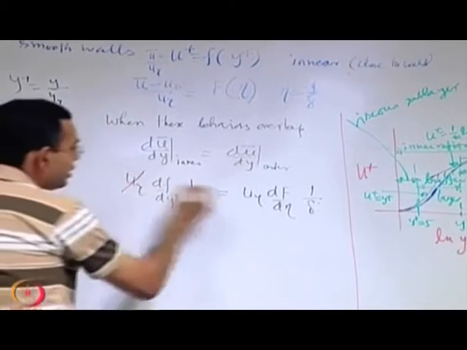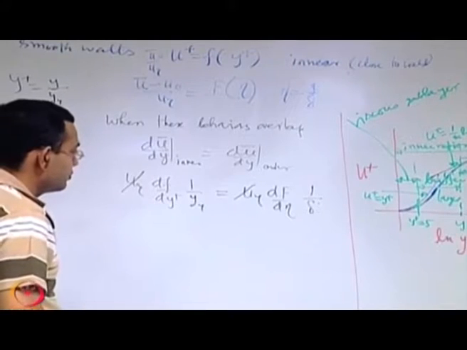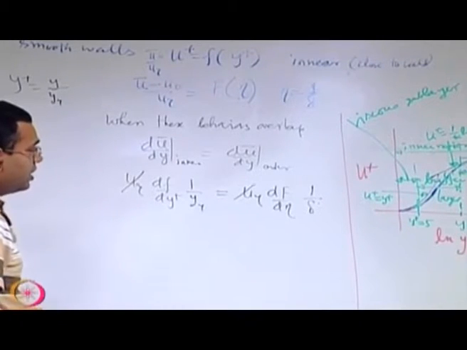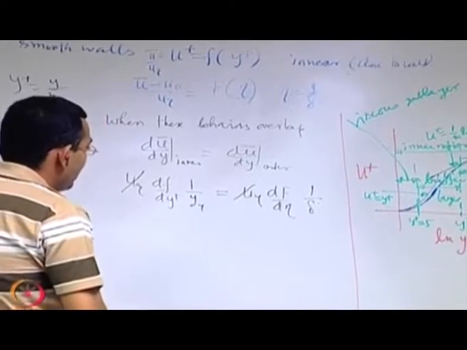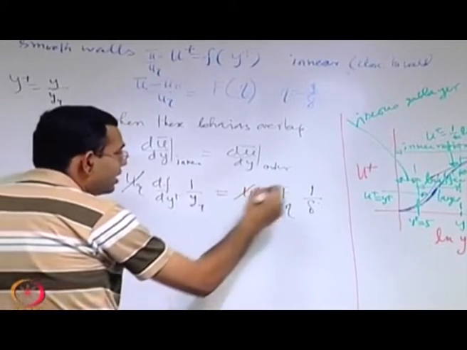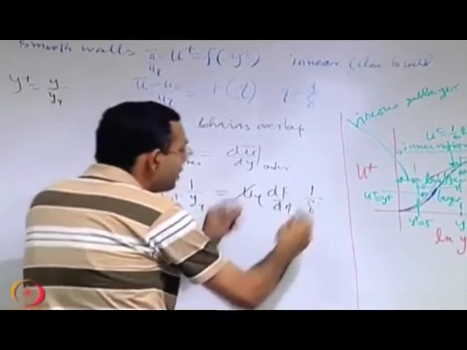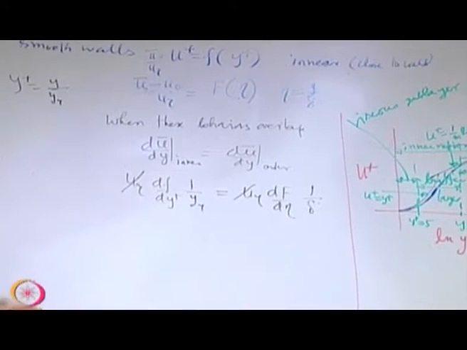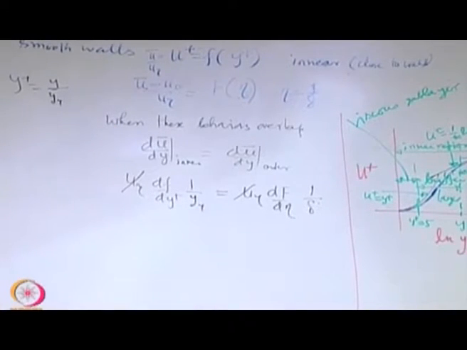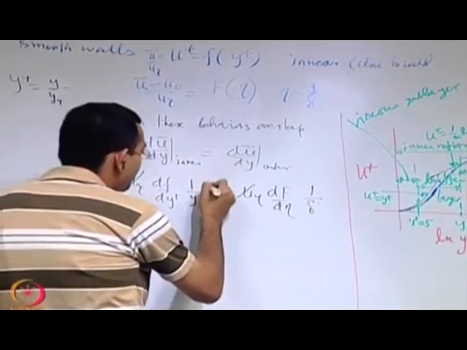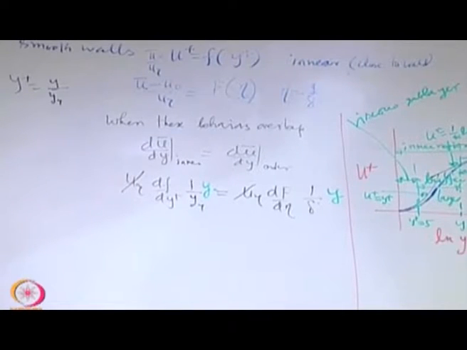So you may cancel these from both sides, and then you multiply both numerator and denominator by y again, because let us recover the y plus and eta, that will be better. So you multiply this by y, you multiply this also by y, so that you get back the variables y plus and eta.